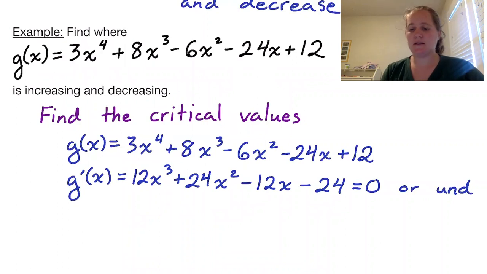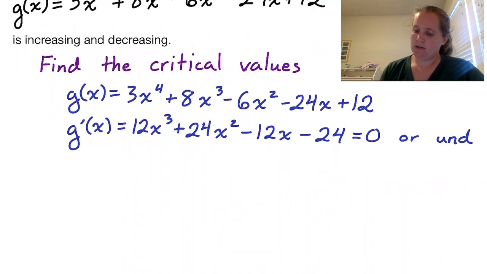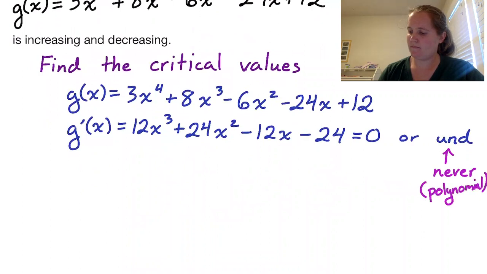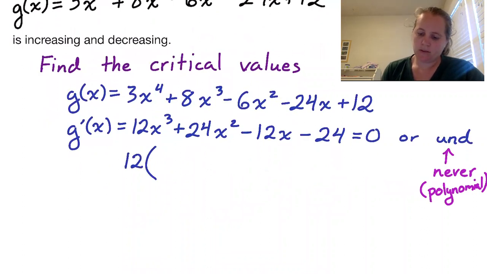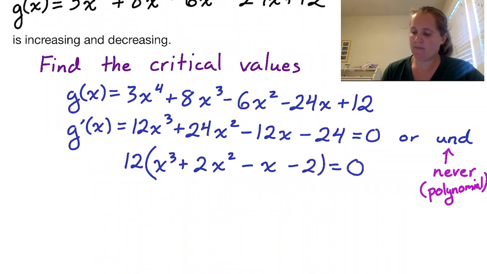In this case, this is a polynomial, so it's never undefined. So we can just start solving where it's equal to 0. We can factor out a 12 from the whole thing, and we're left with x cubed plus 2x squared minus x minus 2 equals 0.